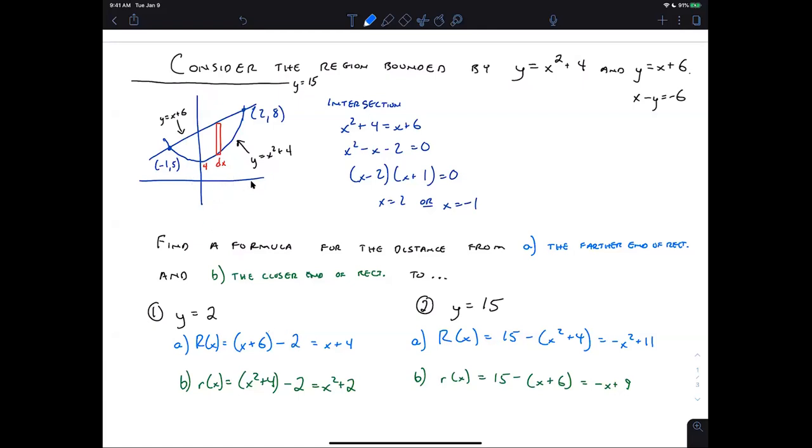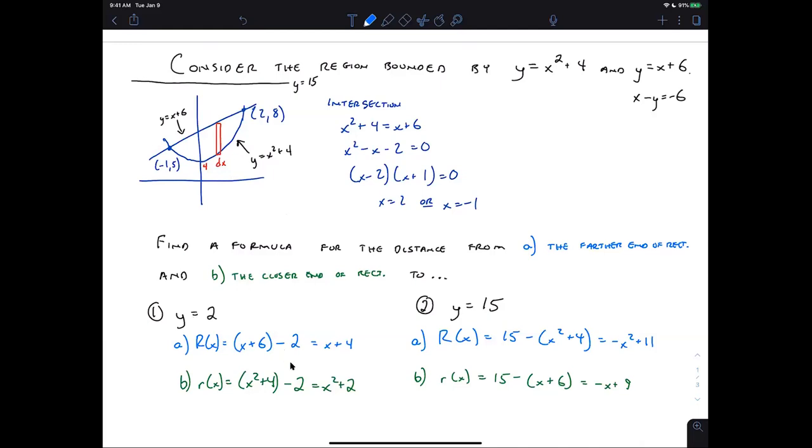What about the x-axis? So what if we said the closer end of the rectangle or the farther end of the rectangle to the x-axis? Then what's that more like? More like y equals 2 or more like y equals 15? If we're talking about the x-axis. Y equals 2. Yeah, y equals 2 because it's underneath the region. So instead of x plus 6 minus 2, what would you do for the x-axis?